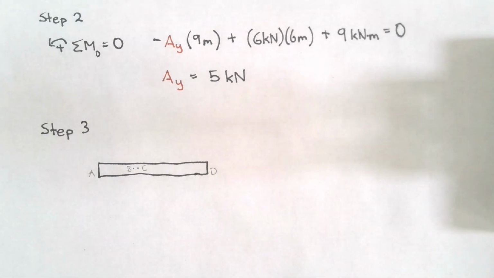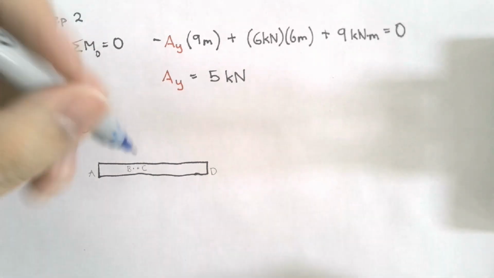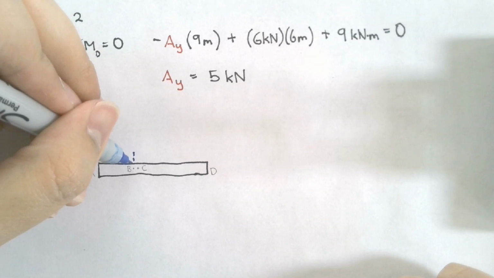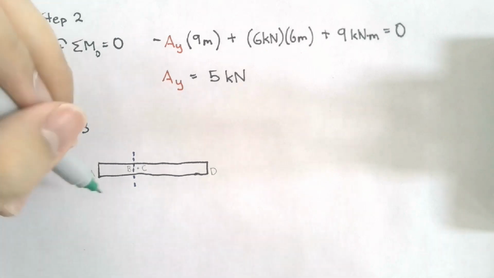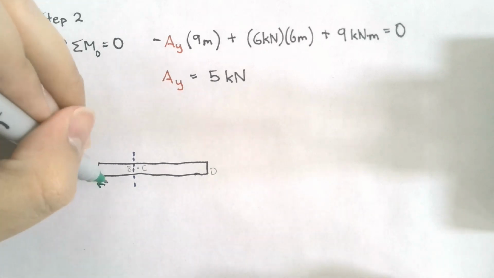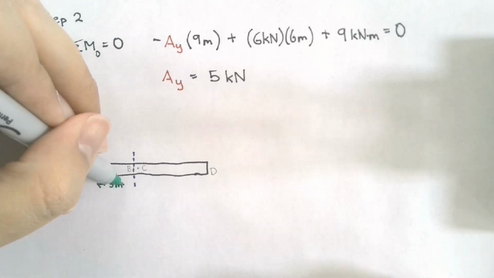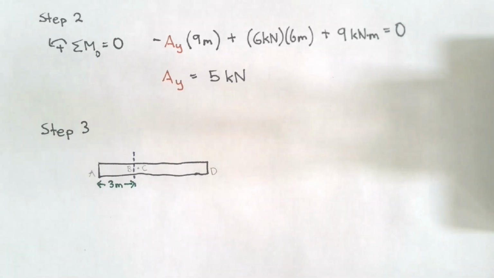I want to start with point B. In this case, since we want to analyze point B, our section cut has to go through that point. Now, we know that point B is immediately to the left of that 6 kilonewton force. Because it is immediately to the left, the distance between point B and that 6 kilonewton force can be negligible, which means that our section cut will be at approximately 3 meters from point A.